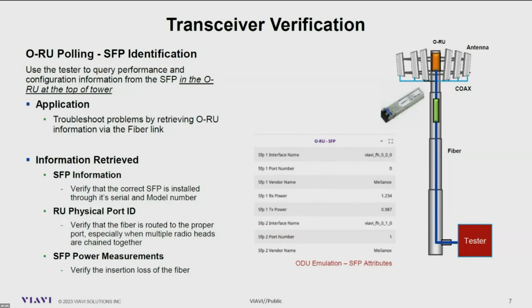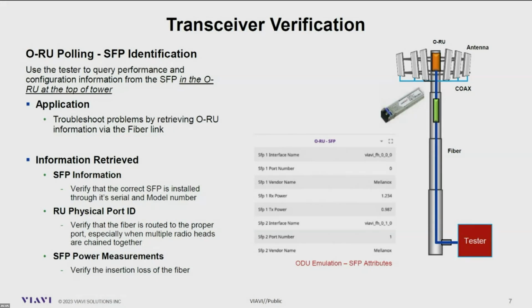The M-plane has, as many know, YANG models defined for different aspects of the radio. One of them is the transceiver YANG model, and we can just poll it, and by looking at it, we can find very valuable information about the SFP in there.